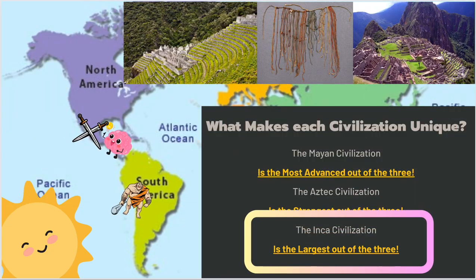And then you have the Inca, which are the largest of the 3 civilizations. They were known for terrace farming and for this great city of Machu Picchu on top of a mountain. You could see both of them there, where the Inca were able to actually carve mountains. In the middle picture, you see what's called quipu, which are strings that they used to keep records.